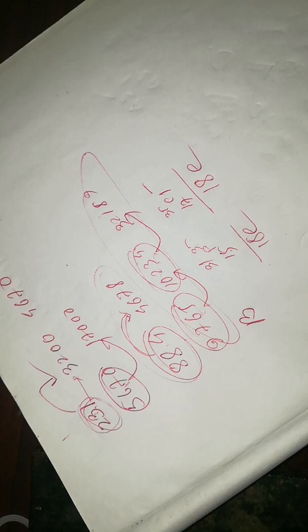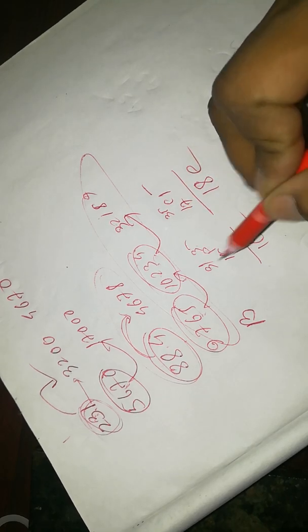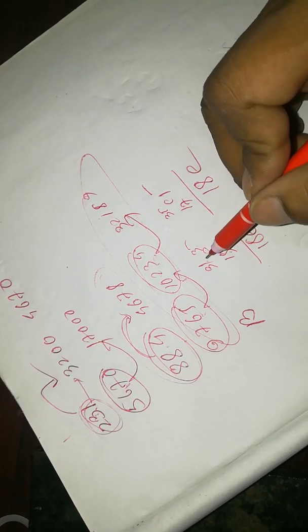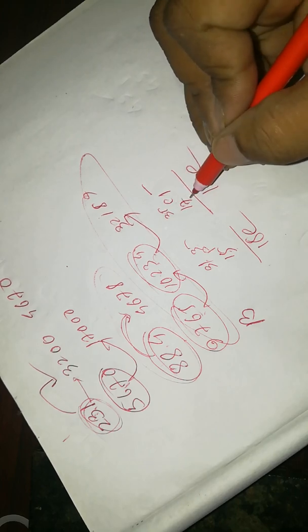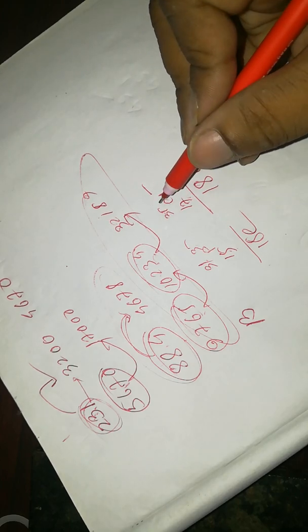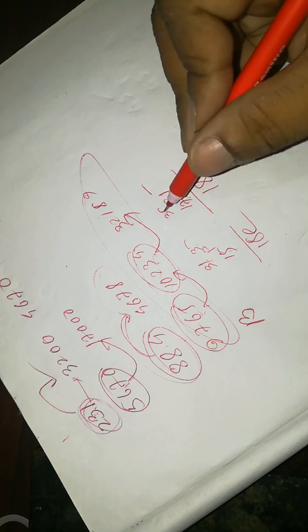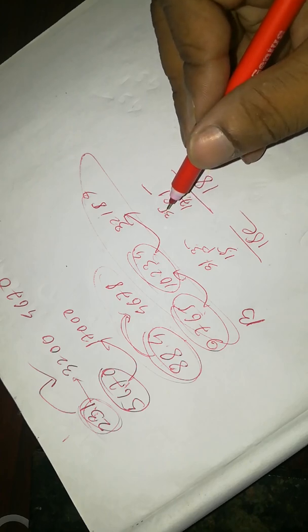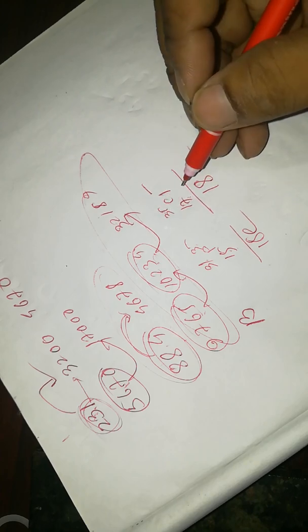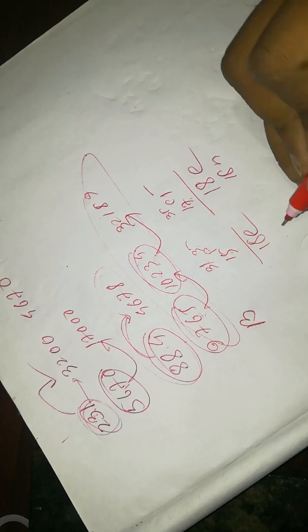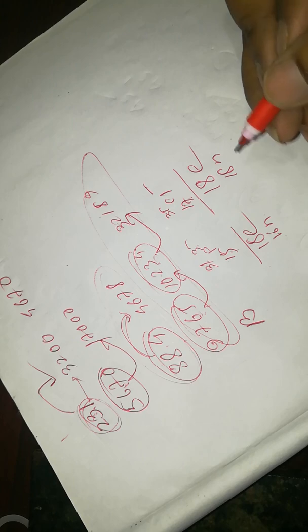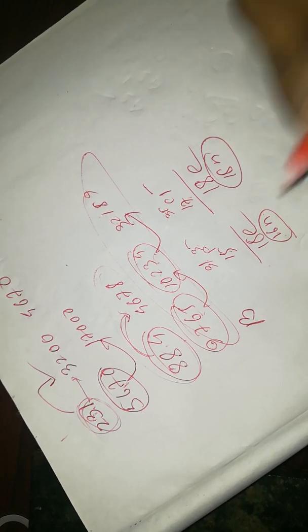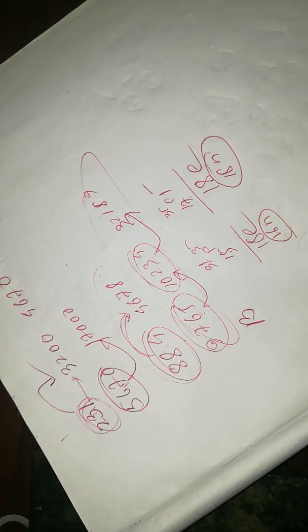Point number 2, they're isotonic. Isotonic means same number of neutrons. Here are 16 neutrons. And here, 35 minus 17 is 18 neutrons. So they are not equal, so they are not isotonic.